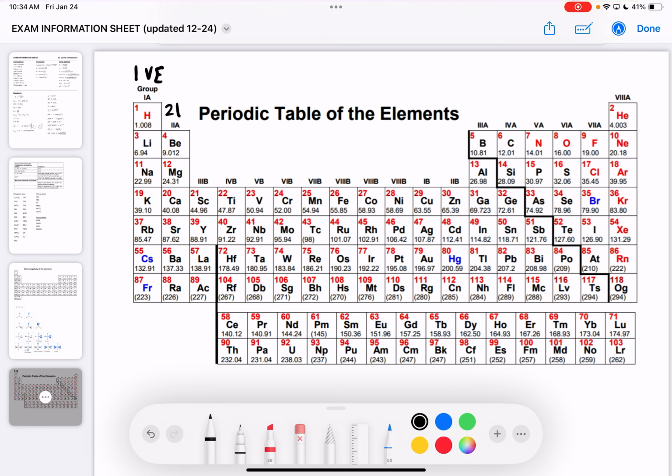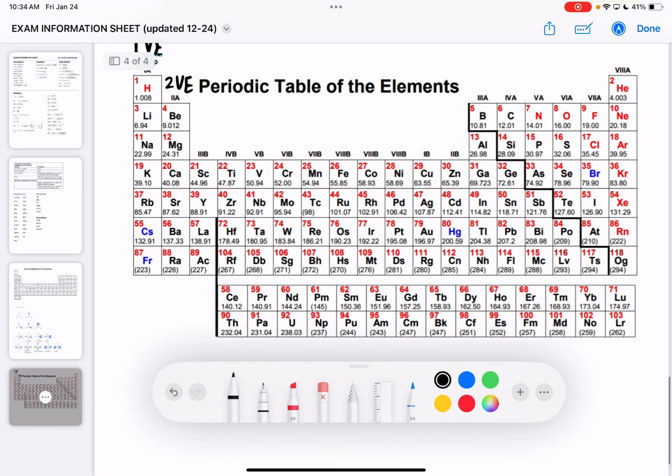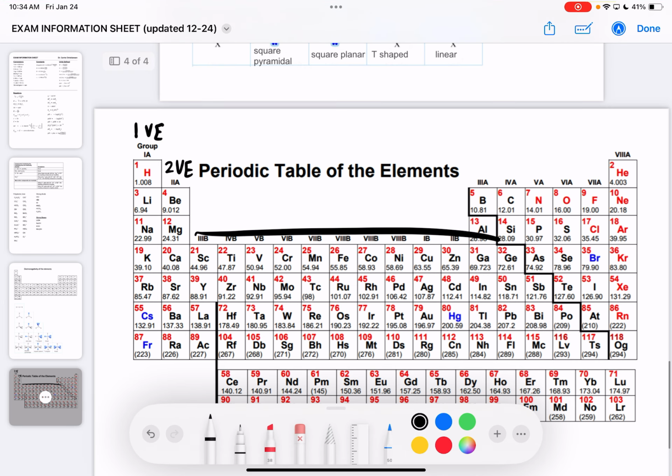In the second column, there's 2 valence electrons. We skip over the transition metals because they are weird. The third column, 3A, is what it's labeled as, 3 valence electrons, 4 valence electrons, 5 valence electrons, 6 valence electrons. We're just giving a visual representation now for this fact.